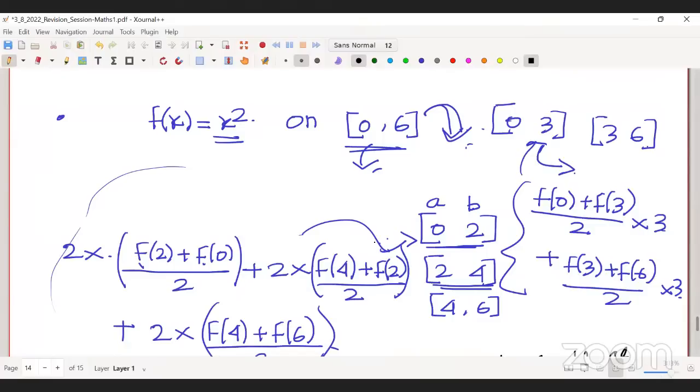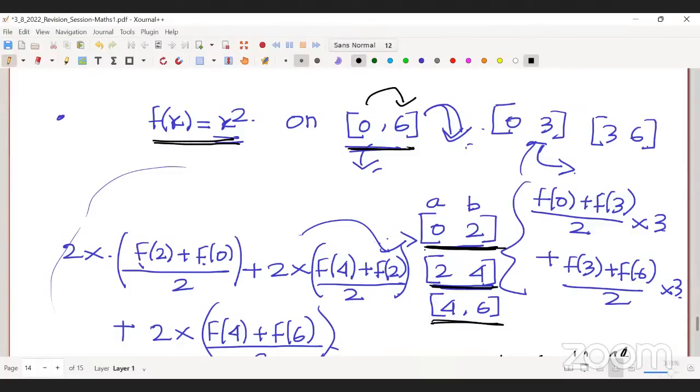Suppose you want to find the trapezoidal Riemann sum of this function on the interval 0 to 6, and it is given that you take 3 subintervals of equal length. You get 0 to 2, 2 to 4, 4 to 6. So what is the trapezoidal Riemann sum?